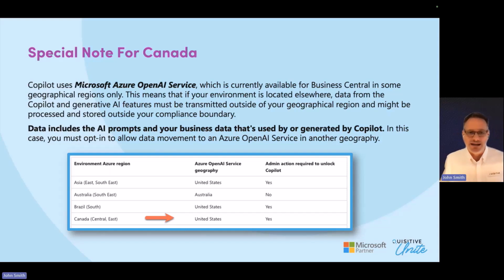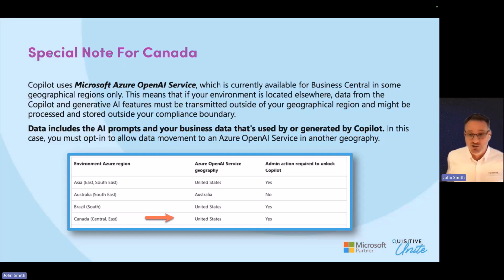Copilot uses Microsoft's Azure OpenAI service, and that is not available in all geographic regions. So if you're in Canada and you go to activate some of these functions, you're going to be prompted to accept the fact that it's going to use the US version of the OpenAI service.